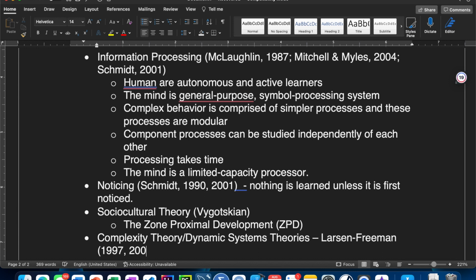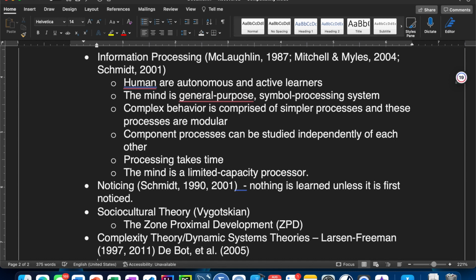That was a really hard article to read. It was tough. She reinterpreted it a little bit in 2011 in an Alternative Approaches book. But then we get dynamic systems theories from de Bot and some of their colleagues. And that was in 2005.